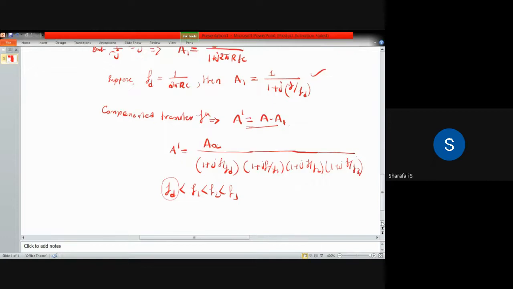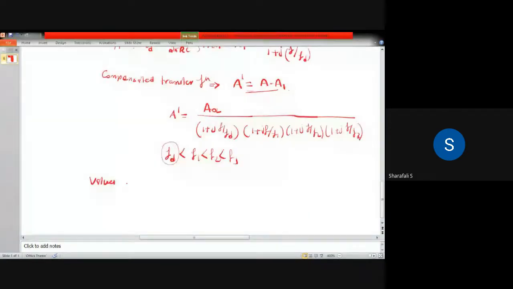So here the values of R and C are chosen in such a way that Ft is smaller than all other frequencies.